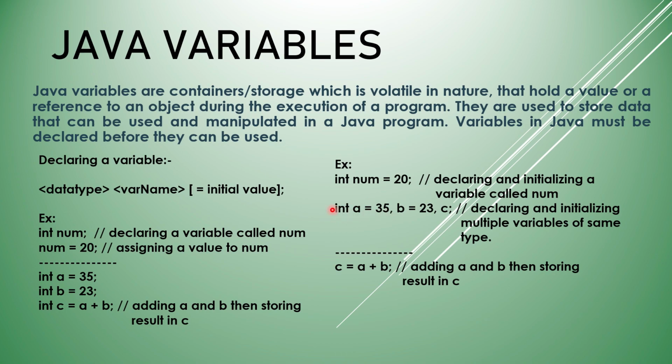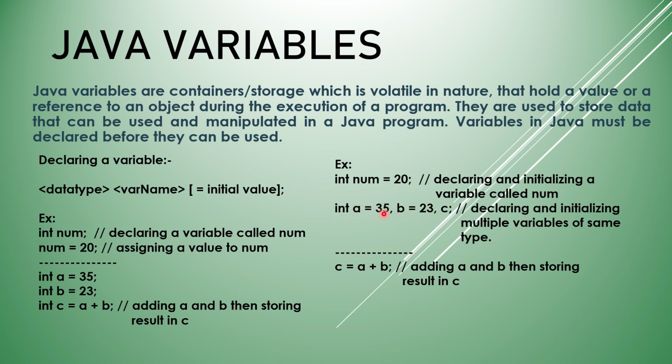In the second example, we are creating multiple variables of the same type. If you want to create more than one variable of a similar type, you can declare all the variables as a list separated by comma.